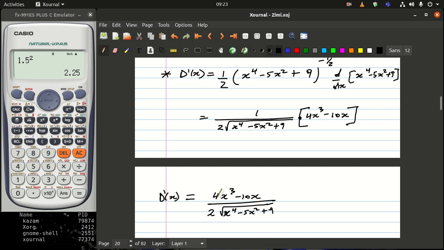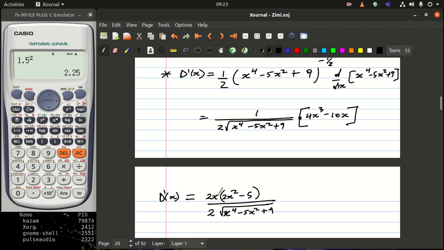And of course, if you look at 4x cubed minus 10x, you will see that 2x is common here. So you will end up having your 2x being common. And then inside, when I'm taking 2x here, I will end up getting 2x squared remaining minus 5.